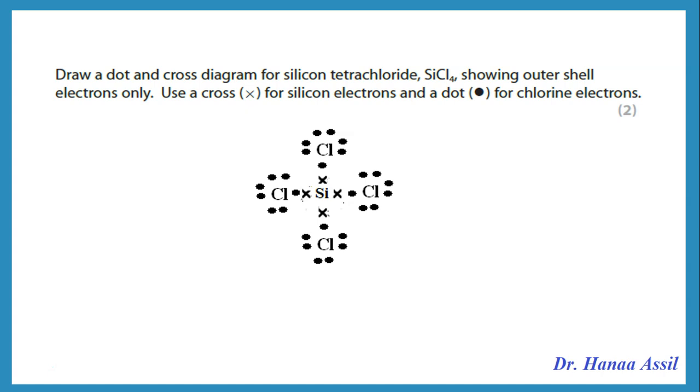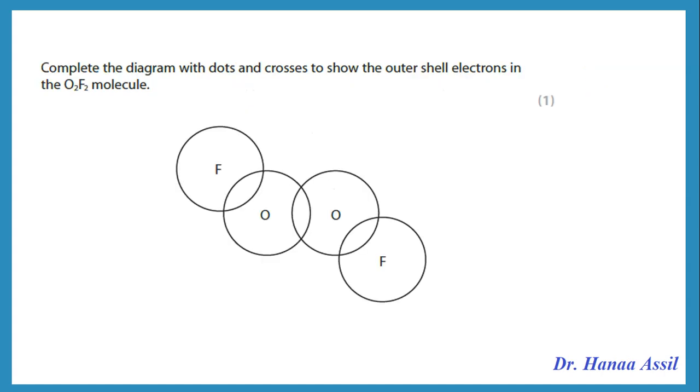Do not forget to write that each chlorine has still the rest of its 7 electrons. So each of these chlorines will have 1 electron shared with the silicon, and it has 6 more electrons that are away from sharing. Don't draw any more electrons between the silicon and the chlorine.